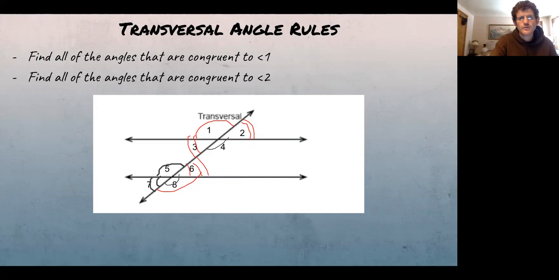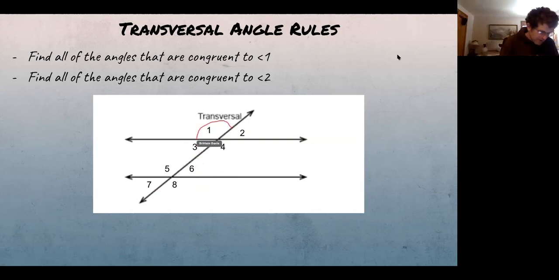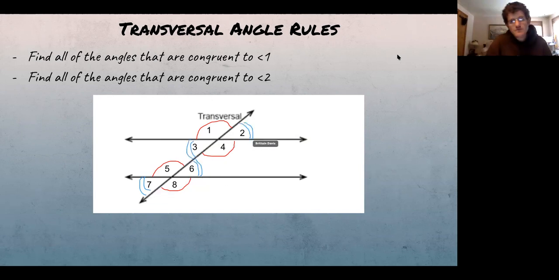I'm going to redraw these arcs just to make it look a little clearer. So I have all of these I'll mark in red are congruent to each other. And then these guys I'll mark in blue are congruent to each other.